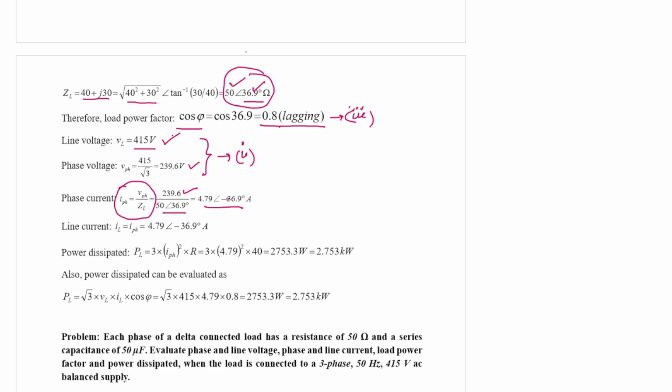So it is a lagging current. And from the relation that phase current and line current are equal for star connection, we can write line current is also 4.79 at an angle of minus 36.9 degree. So this gives you the answer for the second parameter.